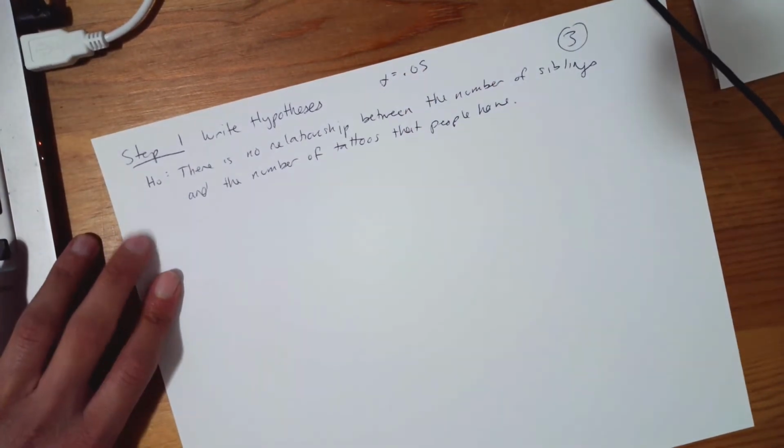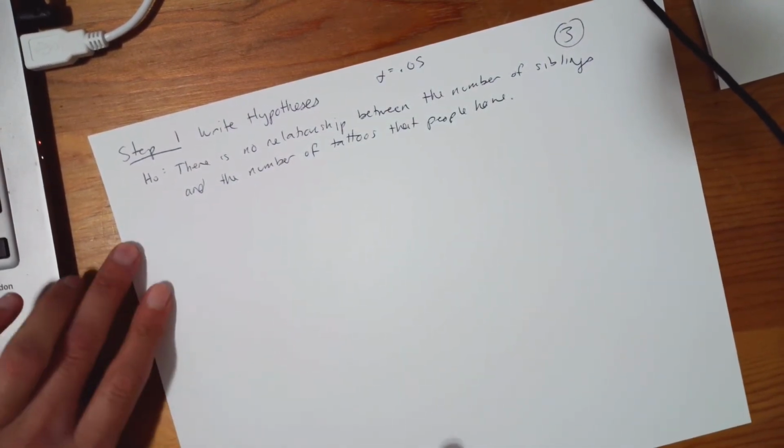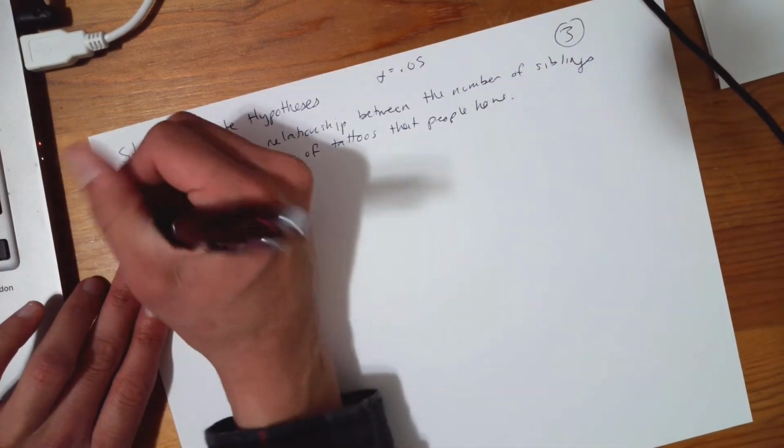And here we're going to be treating the class as a sample again, so we'll be thinking about whether there's a relationship between siblings and tattoos among criminal justice students as a whole at Rutgers.